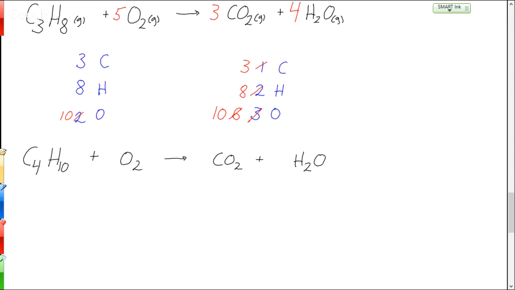Does it matter what side you start on? No, it doesn't matter what side you start on.